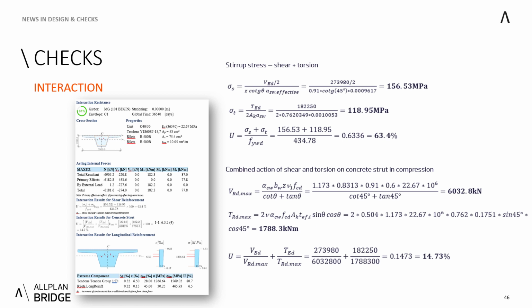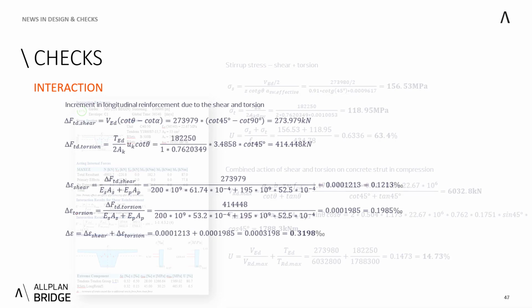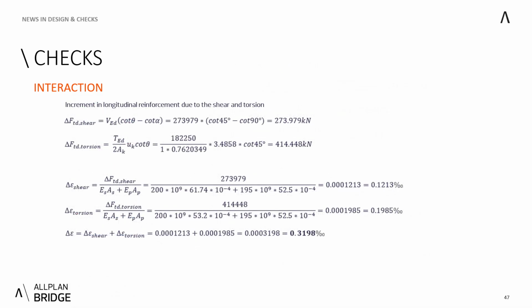And as you can see in the report, there is this last part, interaction results for longitudinal reinforcement, which is a result of the increment of longitudinal reinforcement due to shear and torsion. So at first we take the shear force and recalculate the increment to the longitudinal direction. In our case, we use theta angle 45 degrees, therefore it's the same value, but you get it, it's a cotangent function.